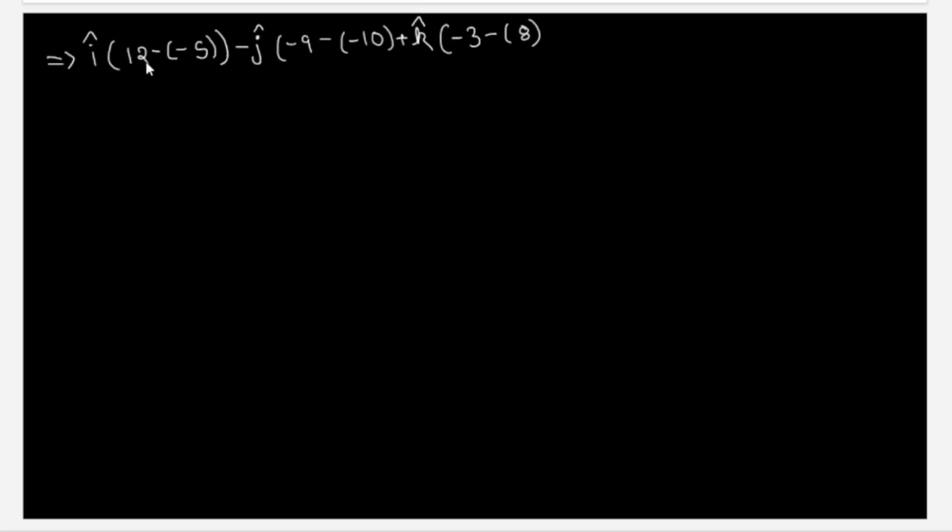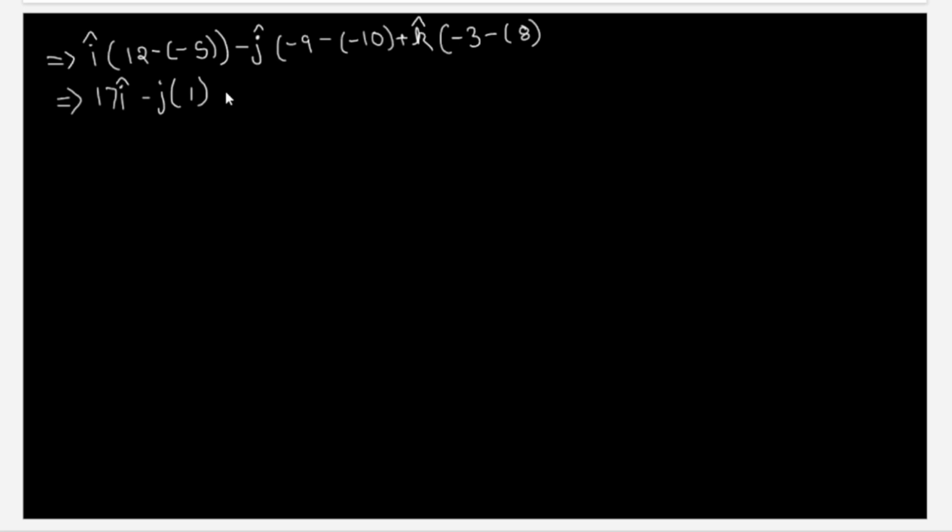For i cap, 12 minus into minus is plus, so 12 plus 5 is 17. So 17 i cap, then minus j, minus 9, minus into minus is plus 10. So minus 9 plus 10 is 1.